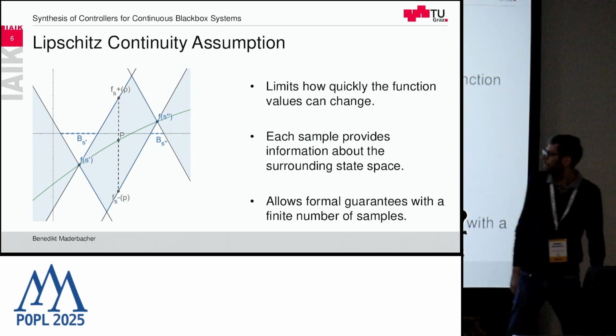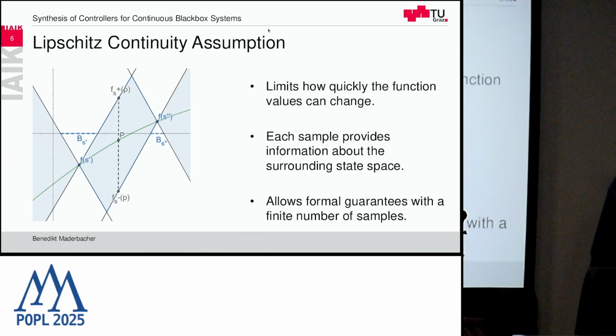And also for every point, we get some ball around it where we know, so we have this sample here, and we know that all the samples or potential samples in this ball are also positive samples. Or for this negative sample, we know that everything here will also be always negative. And so we don't really have to sample these values again, because we already know, are these good or are these bad?